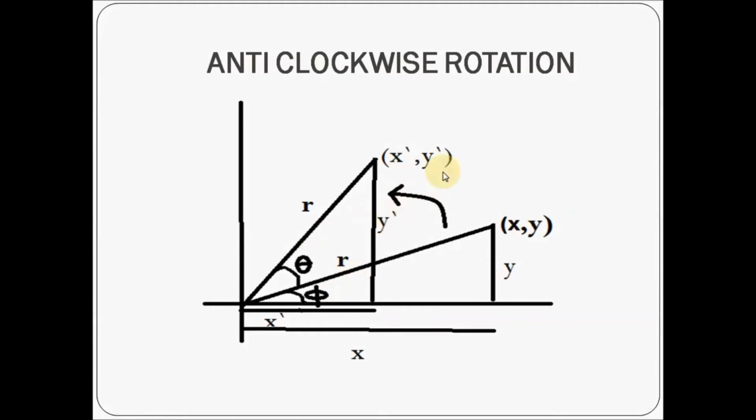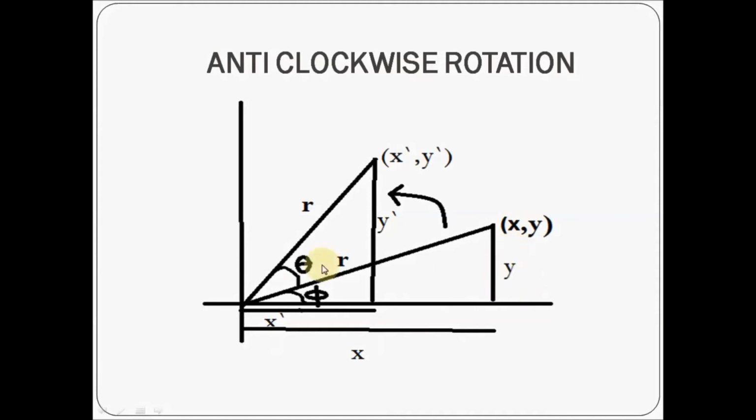Here I am considering two angles. This is phi, this is theta. Phi is before rotation, theta is after rotation. Here see, this is very important. Before rotation the value is x, and the value in the y direction is y.